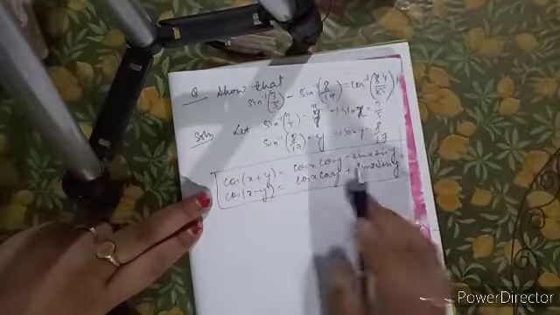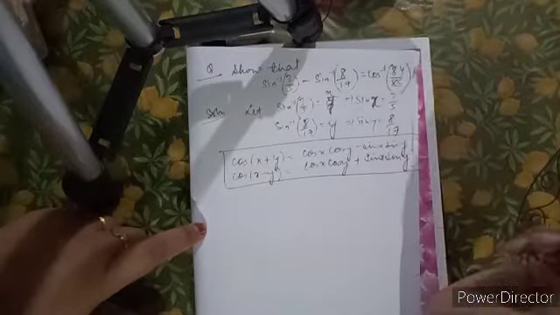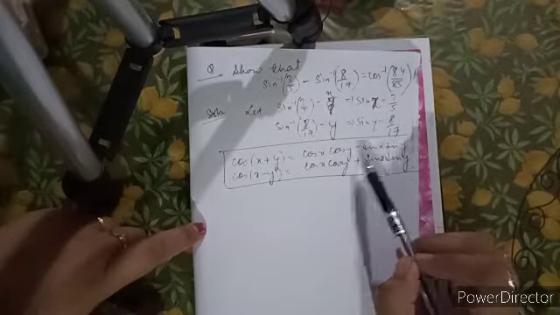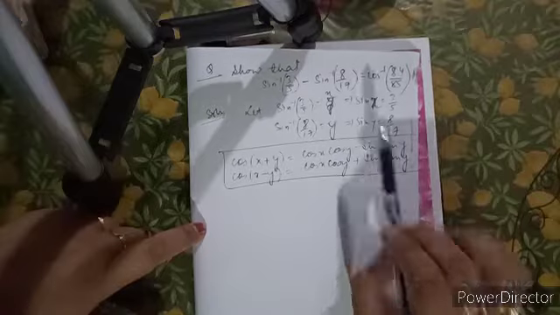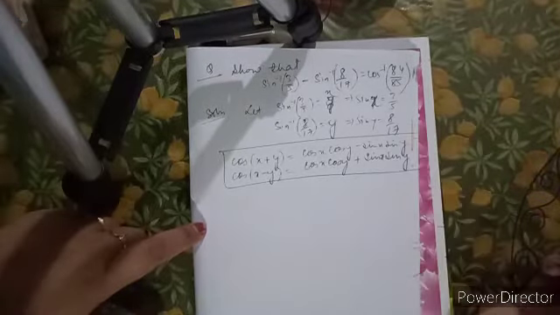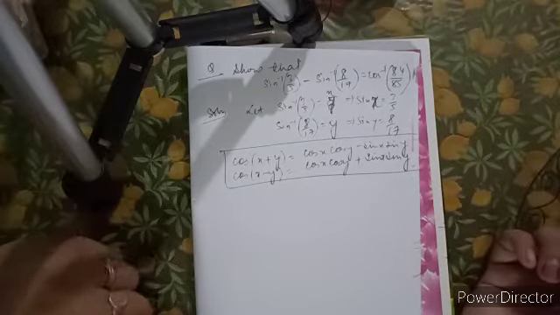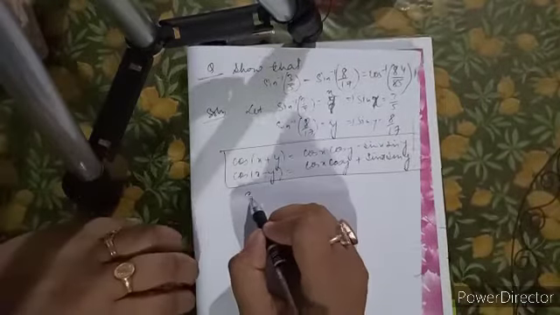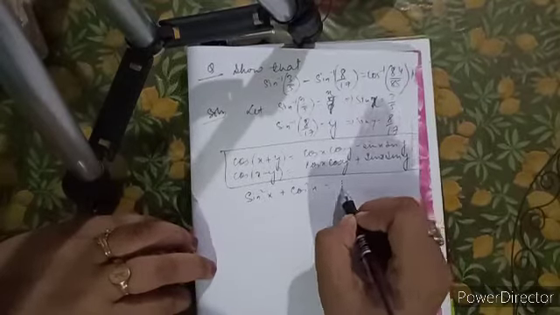So using either of these two you have to prove the right hand side. In every formula you require cos x and cos y, but we have only sin x and sin y. So from sin x we have to calculate cos x, and from sin y we have to find cos y.